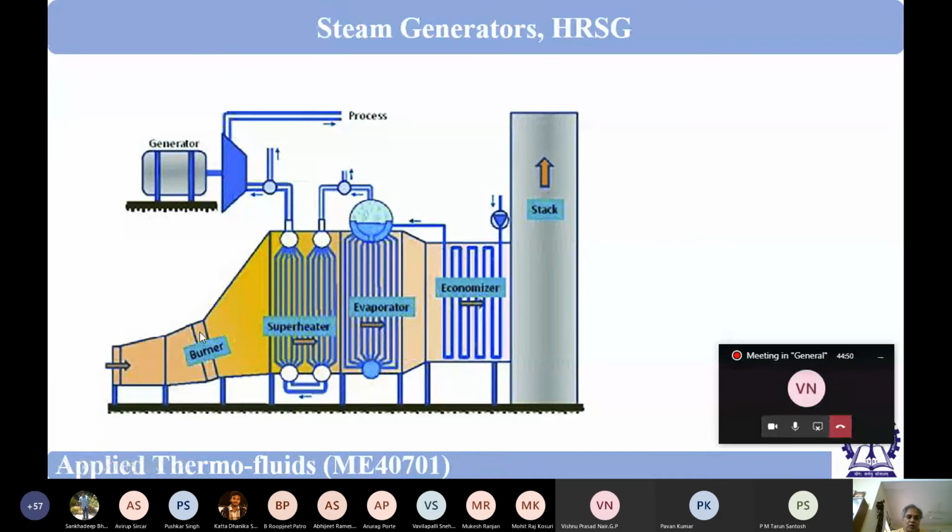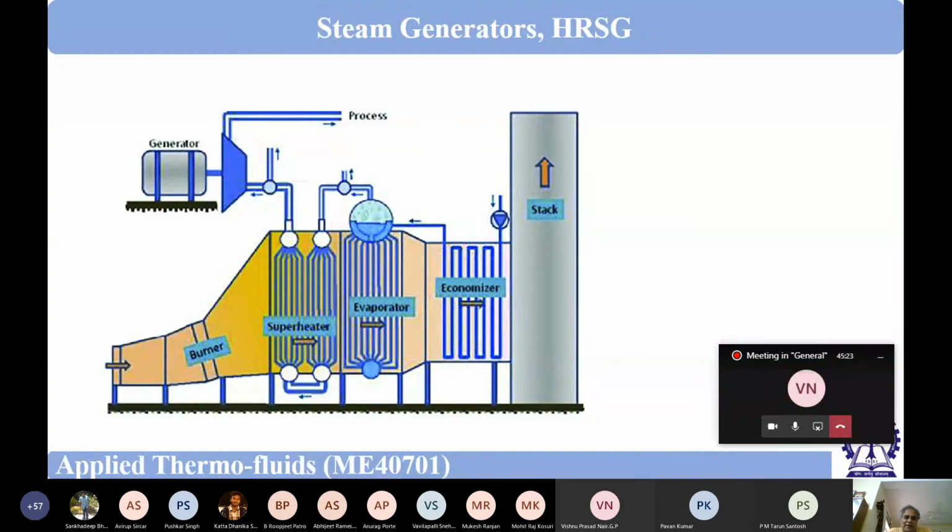The exhaust which is coming comes from the combustion chamber in the gas turbine power plant, where we have burned oil or natural gas. From there it has gone to the turbine, expanded in the turbine, and then it is coming out.